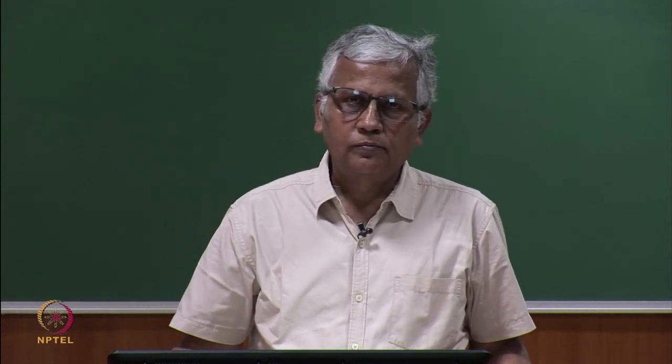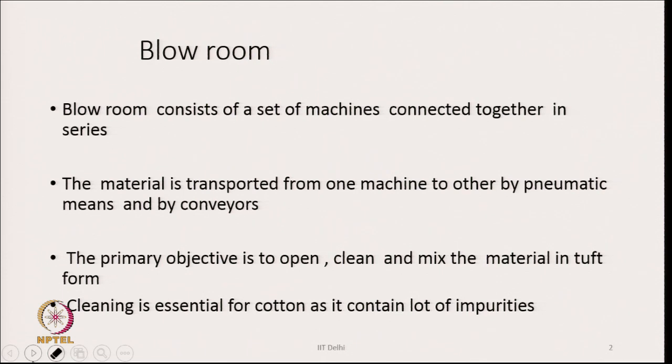If we use the blow room for processing man-made fibers, let us say viscose rayon or acrylic or polyester or nylon or any other synthetic fibers, these fibers do not have any impurities in them, and therefore, cleaning will not be necessary for such fibers in blow room. However, it is only important for cotton.